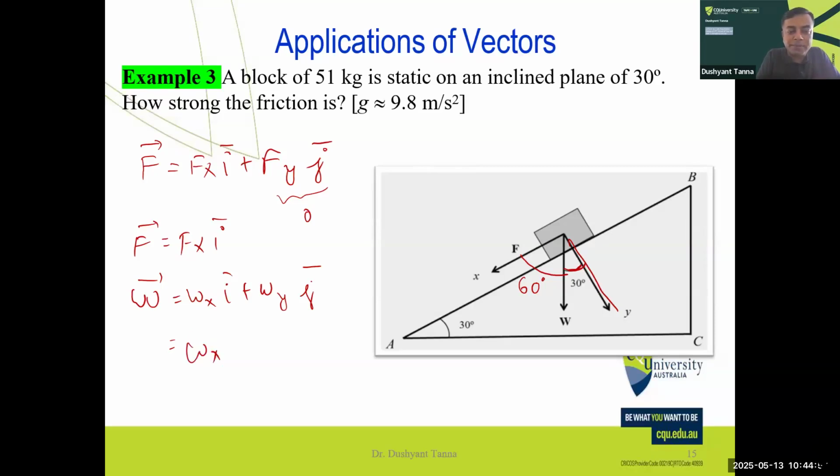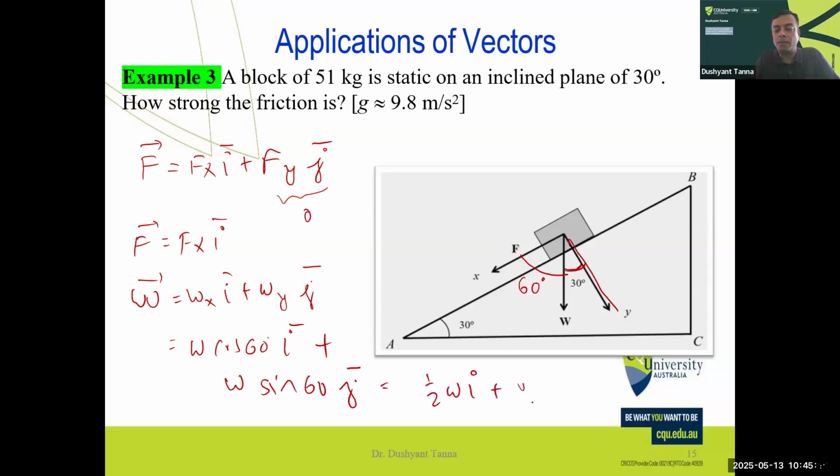So R is W itself. The weight's x component is W cos 60 i plus W sin 60 j. Cos 60 is half, so this is half Wi, and sin 60 is root 3 over 2, so root 3 over 2 Wj. So that is our vector W.